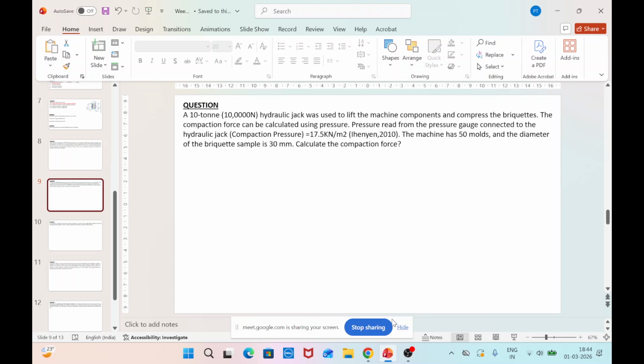The question actually gives a hint: the compaction force can be calculated using the pressure.